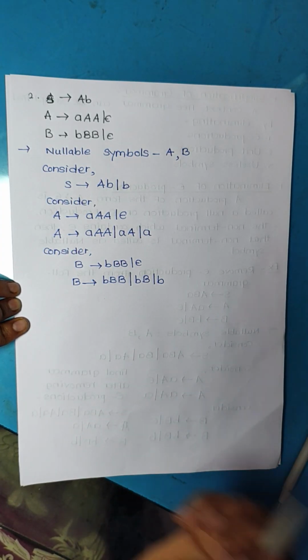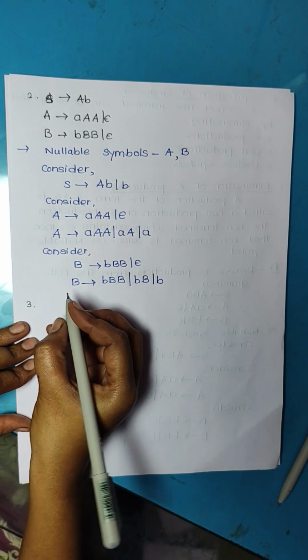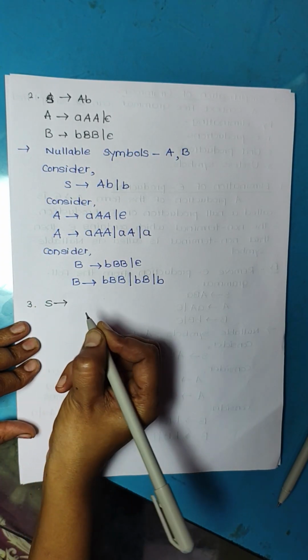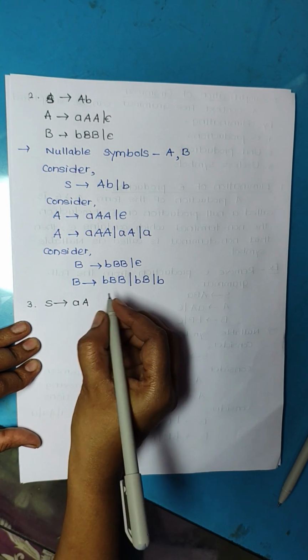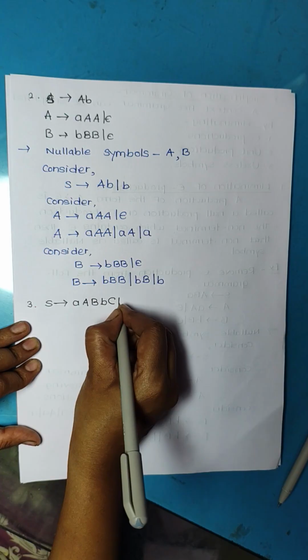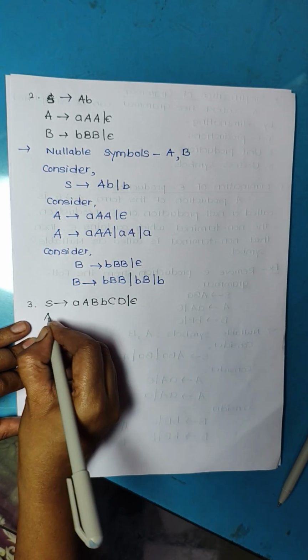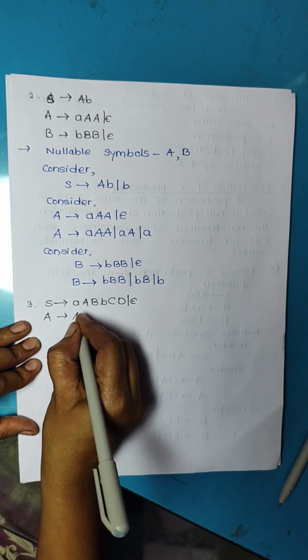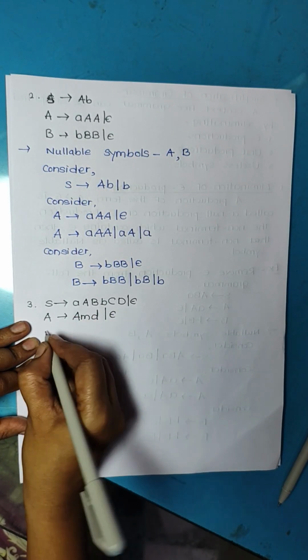Let us consider one more example. That is, S derives A, B, C, D or epsilon. Then A gives A, M, D or epsilon.